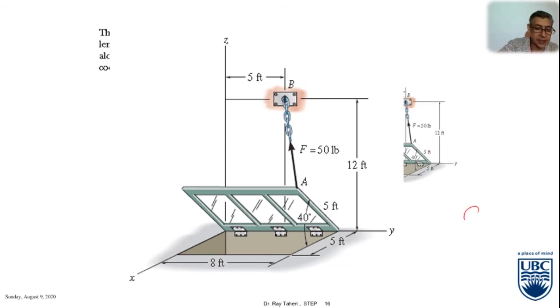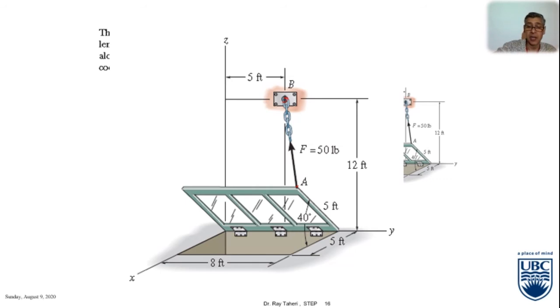You can see this setup in a larger picture. So point A is here, point B is here, and we would like to know what is the distance from A to B. Geometrically we can calculate that, but we don't want to go that direction. We want to find the vector AB and find the magnitude of vector AB.